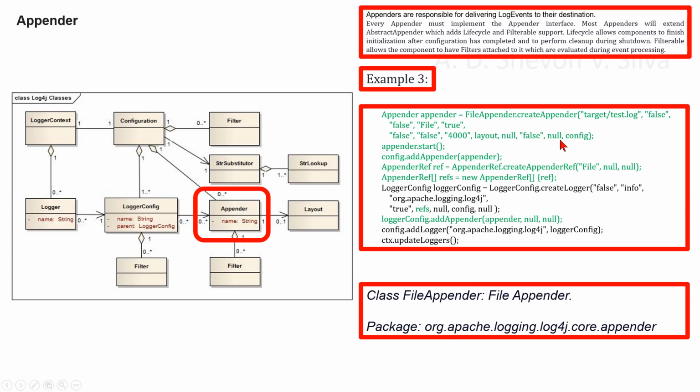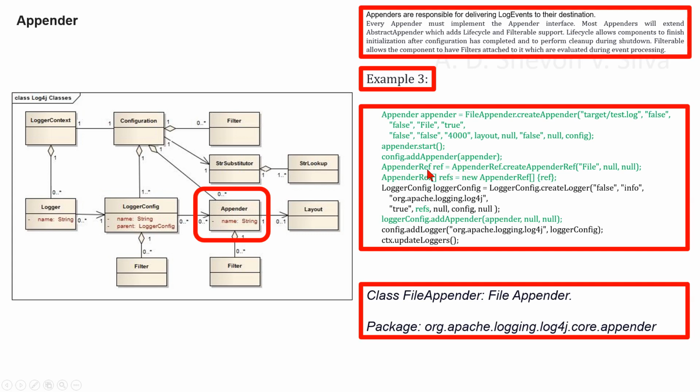And this method is deprecated. You can use the newBuilder method instead. The start method makes the filters available for use, and this will add the appender, and this is the appender reference.